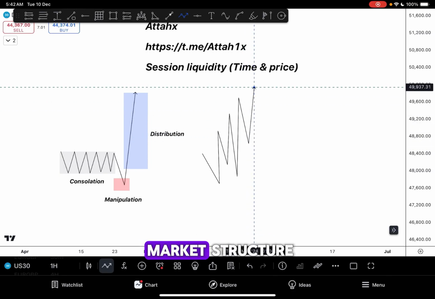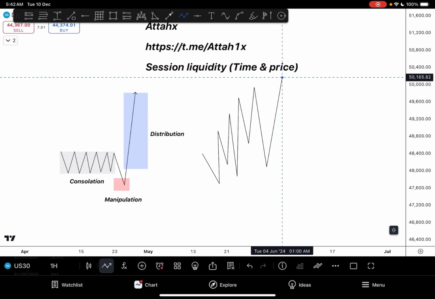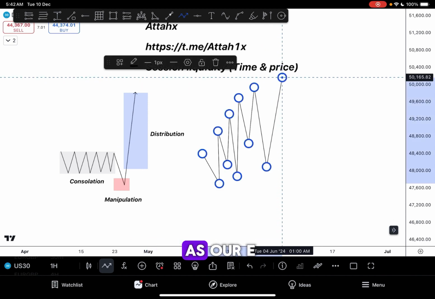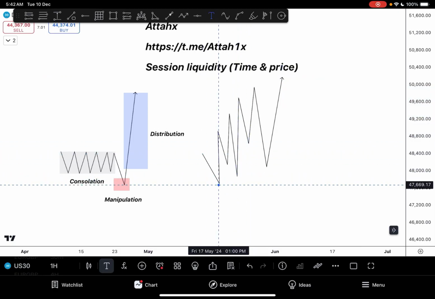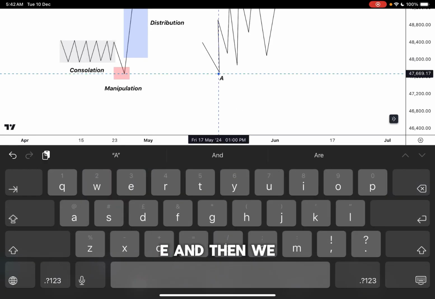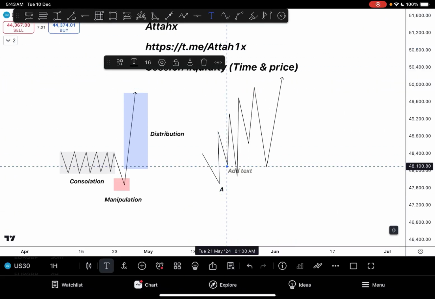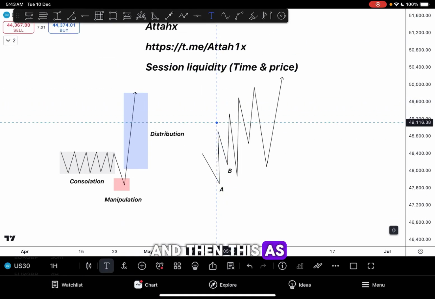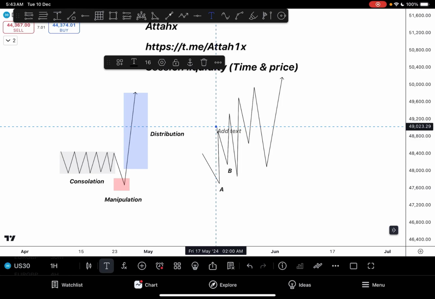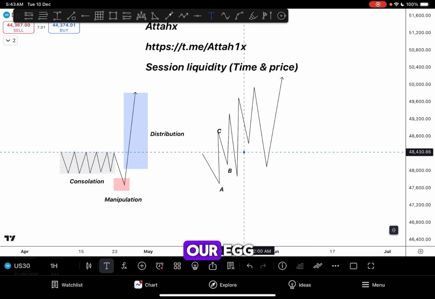So in the algo market structure, you were taught to use this, right? Where we have this as our A, and then we have this as our B, and then this as the C, and then this becomes our A again.